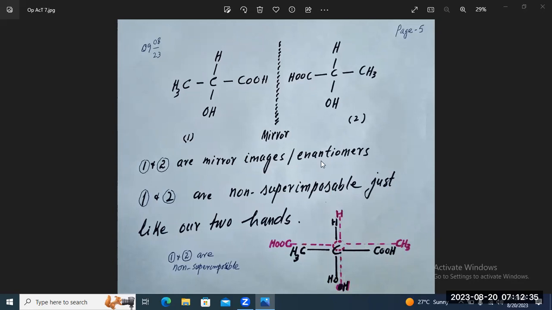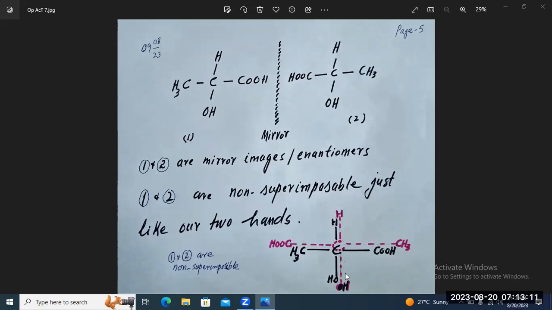If this structure number 2 is drawn in red, and this is drawn in black, then if we take structure number 2 and put it upon structure number 1, we will get a situation like this.